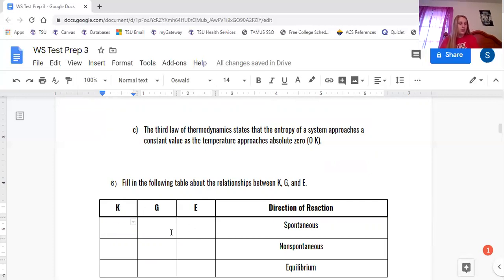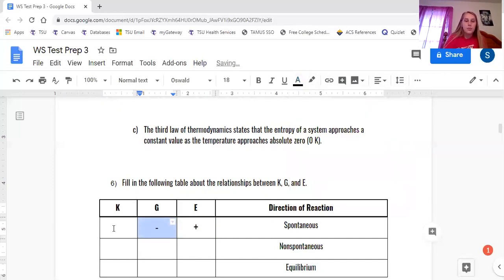So what is that going to look like for E? I'll do the first one, and then I'll let you guys guess after this. So for E, it's going to be positive. And then your E cell and your G value are always going to be opposites. If one's positive, the other will be negative. So this one here is going to be negative.